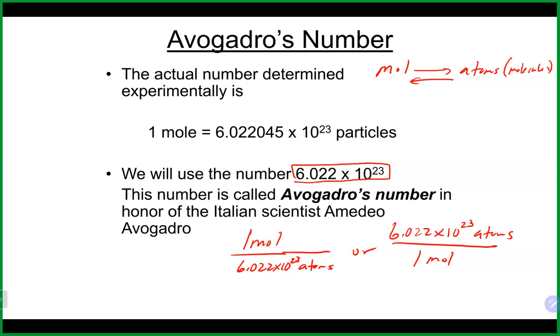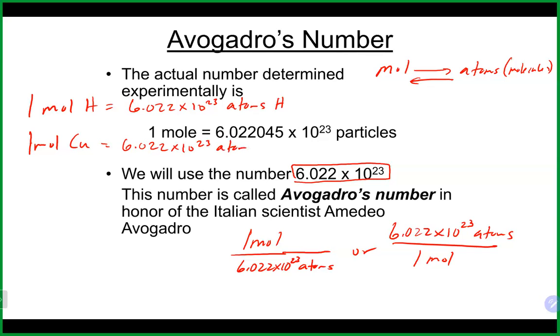So how does this work? It works like this. If I have 1 mole of hydrogen, how many hydrogen atoms should I have? 6.022 times 10 to the 23 atoms of hydrogen. If I have 1 mole of copper, how many copper atoms should I have? 6.022 times 10 to the 23 atoms of copper.